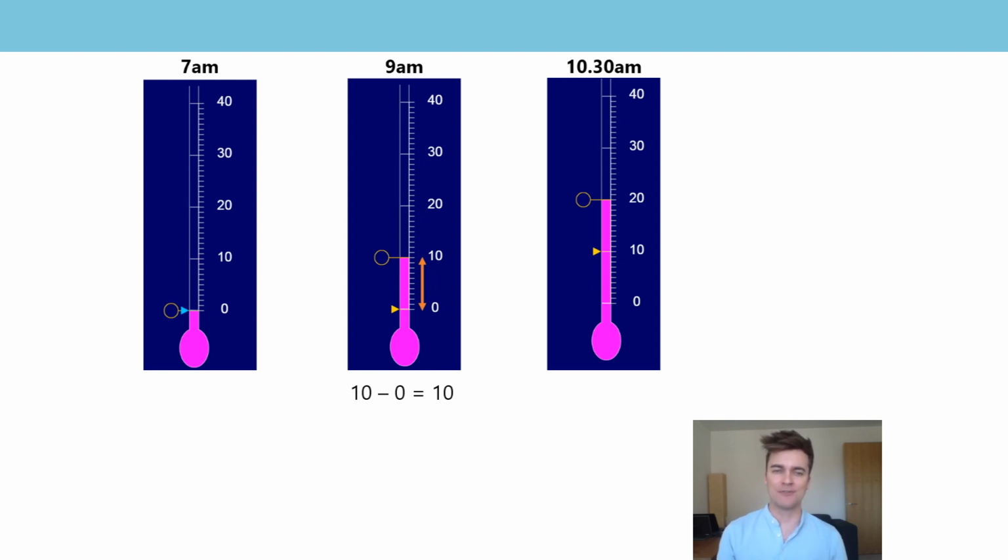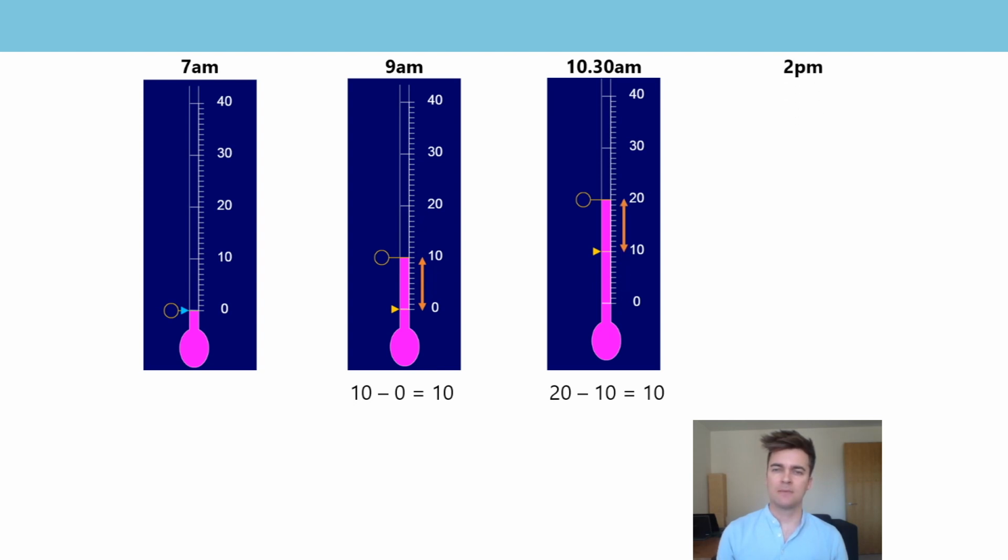Hold it up on 3, 2, 1. Show me. 20 subtract 10 is equal to 10. The difference between the temperatures is still the same. The temperature's increasing by the same amount. The difference between the temperatures is 10 degrees Celsius.